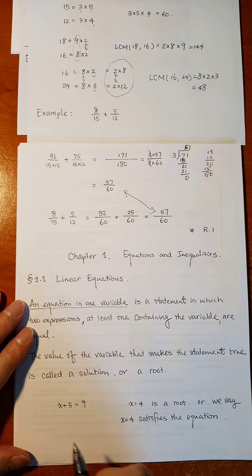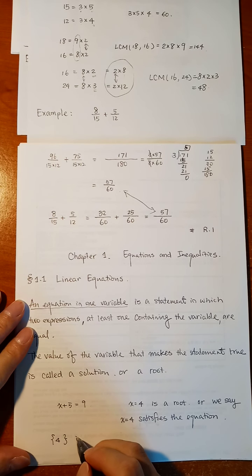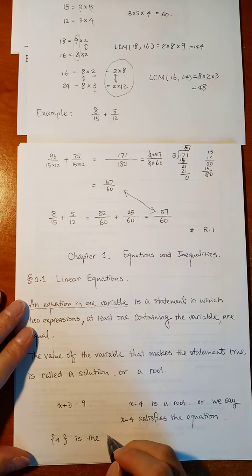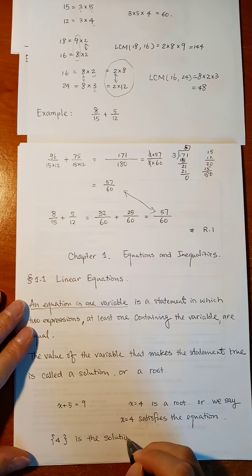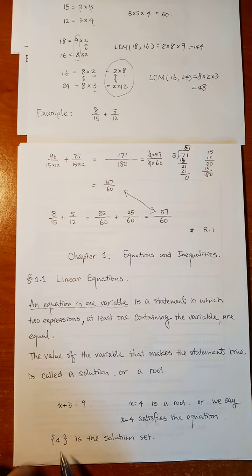Okay, and we put 4 in braces as the solution set. Solution set, we use the braces and including all the solutions. You have to put all the solutions. Then this is a solution set.